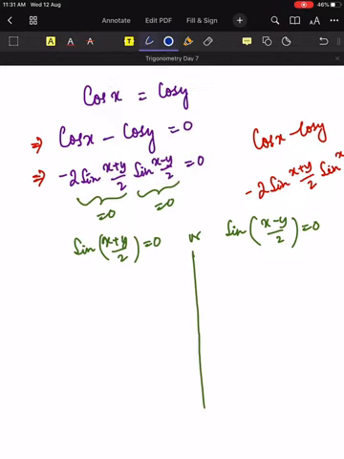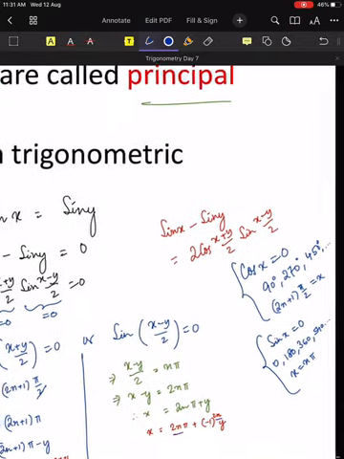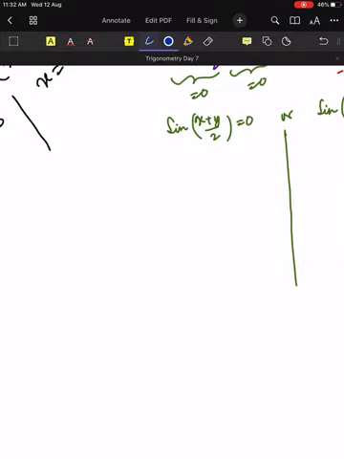Sine, again we have discussed this one before. Sine x equal to 0 when x equal to n pi. So here I will directly write x plus y by 2 is equal to n pi. So 2 goes that side. x plus y is equal to 2n pi.